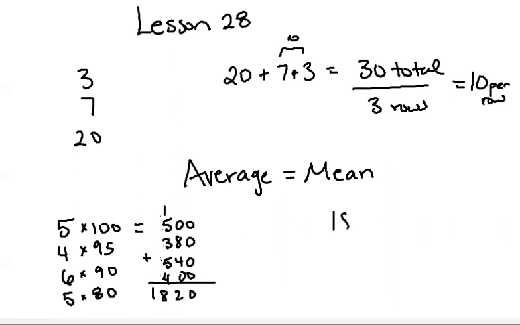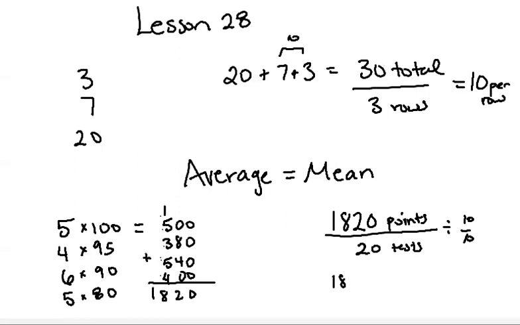Okay, so 1,820 points total, divided by 20 tests in all. So here we can look at what we just practiced in the last lesson, dividing both the top and the bottom by 10. And we get 182 divided by 2.